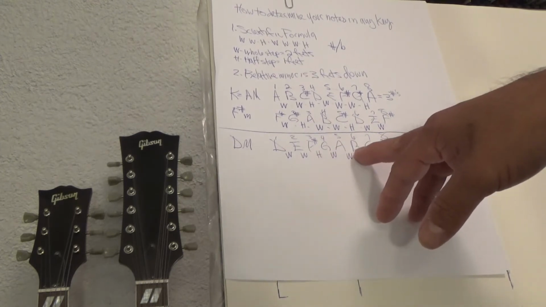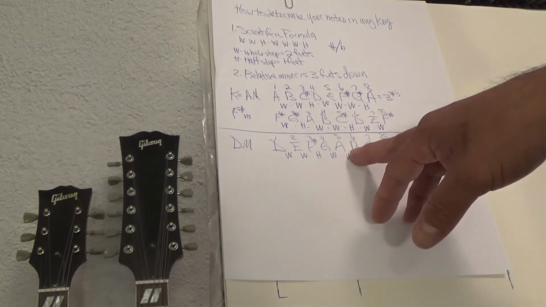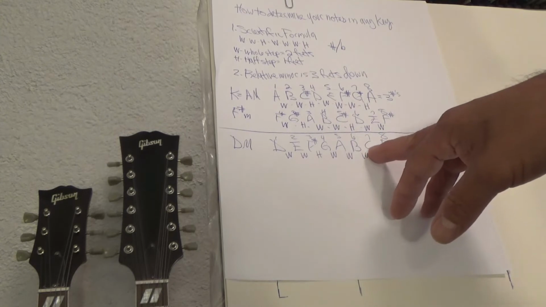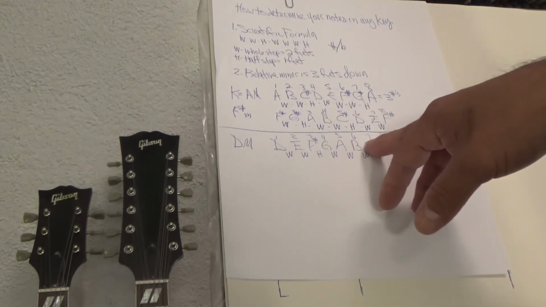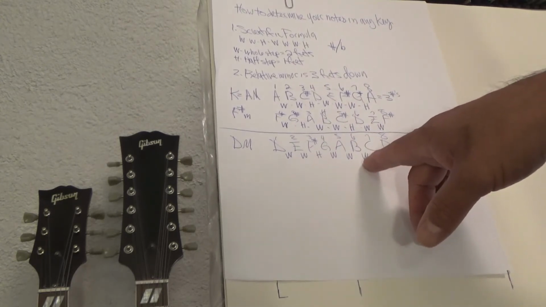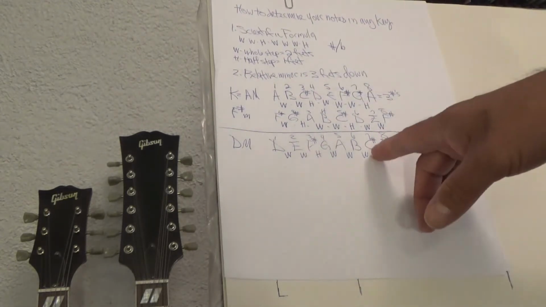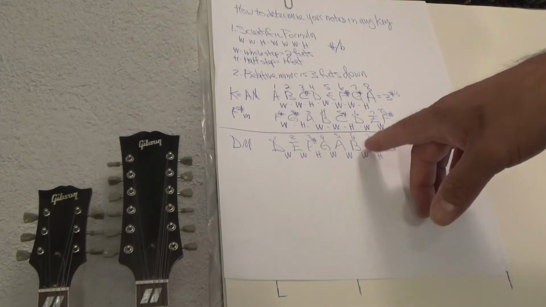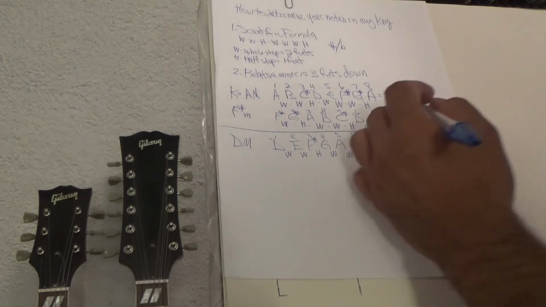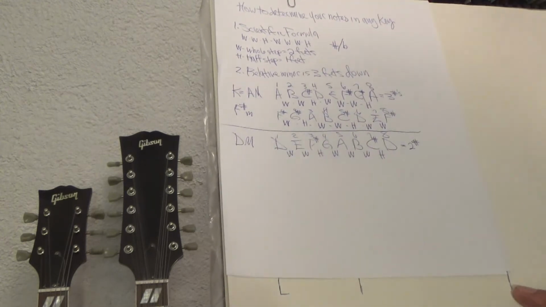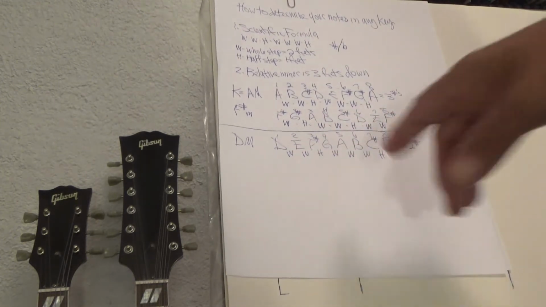Whole step between the A and the B, there's no sharp there. Whole step between the B and the C. Now naturally the B and the C would be next to each other, but since we have it as a whole step, that tells us there's going to be a C sharp here. Okay, and then we have a half step between these two notes, which would be C sharp back to D. So that can tell us that we have two sharps in this key: the F sharp and the C sharp.